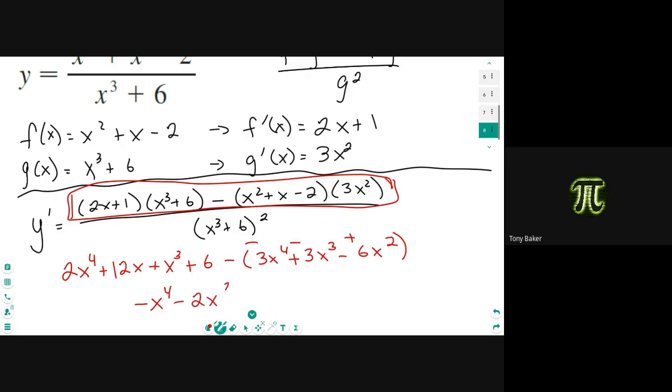Minus 2x to the third minus 6x squared plus 12x plus 6. And that's what the book got, so I'm going to go with them right.